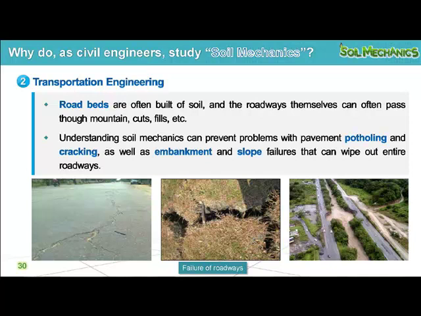If the soil is swelling or shrinking, we can remove that soil and replace it with quality soil or good soil, to reduce the swelling or cracking, or to increase the bearing capacity. Yes, just an example.